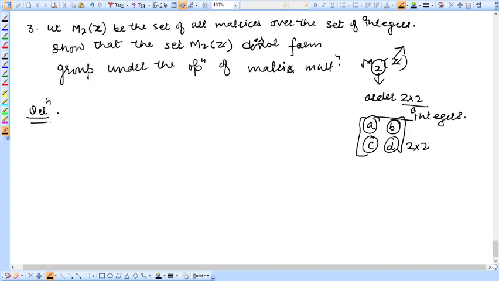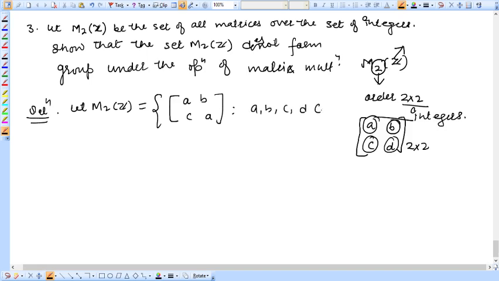Solution: firstly, let M2Z is equal to, I'm writing it in set builder form now, so it will consist of all those matrices A, B, C, D, such that A, B, C, D belong to the integers, right?